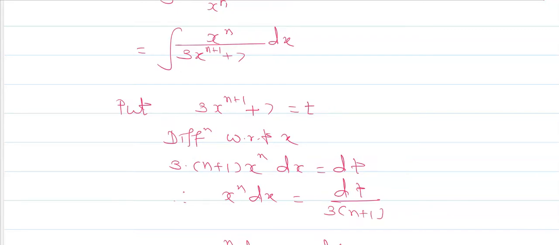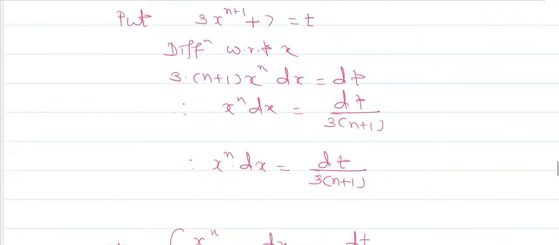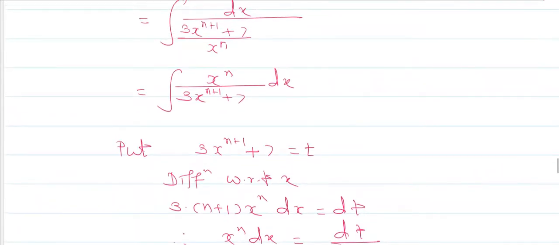Differentiate this with respect to x. The derivative of 7 is 0. The derivative of x raised to n plus 1 is 3, n plus 1, into x raised to n plus 1 minus 1, which is n, into dx is equal to dt. Therefore x raised to n into dx is equal to dt upon 3 in bracket n plus 1. This is the value of x raised to n into dx, and that's what we required.